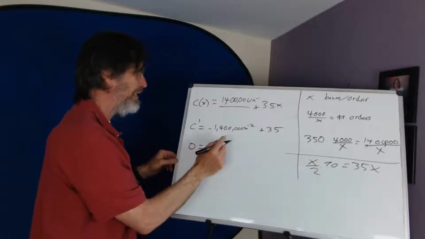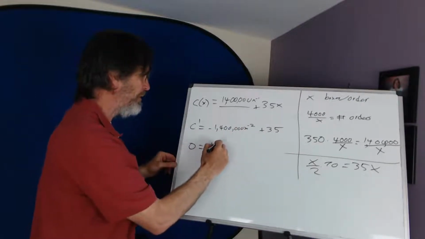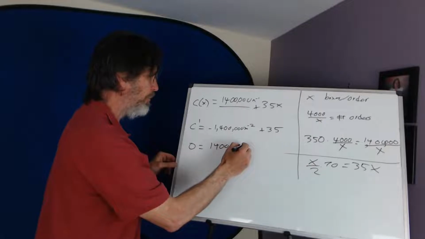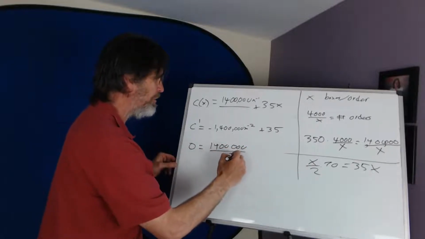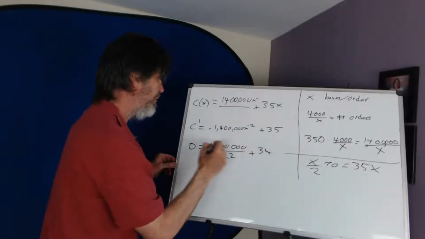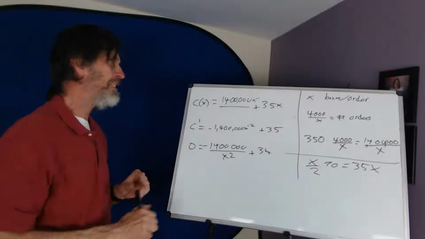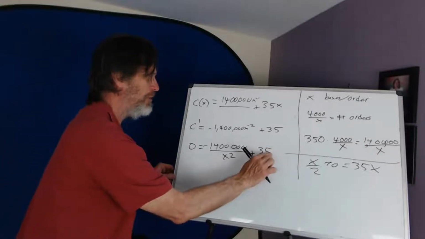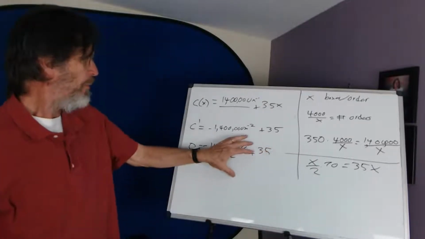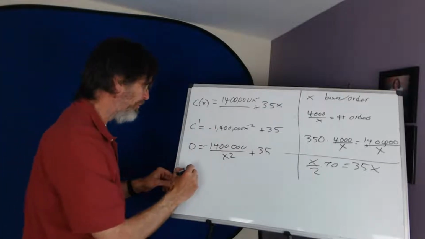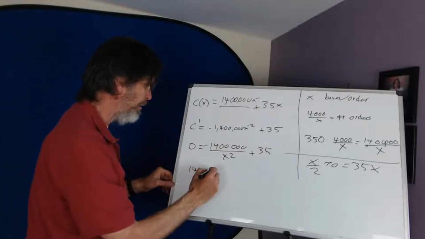So let's set this back to our more comfortable position: negative 1,400,000 over X squared plus 35. Whoops, don't forget the negative sign. That's what we want to set equal to 0. I'm going to bring this over so I don't have to work with negative numbers any place in this problem.